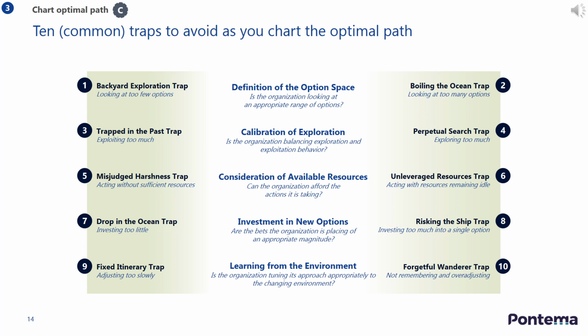Fourthly, ensure that the bets the unit is placing are of an appropriate magnitude to meet expectations in terms of profitability or market share. And finally, is the business unit capable of turning and adapting its approach appropriately to the changing environment? In other words, how quick can it adapt to change?